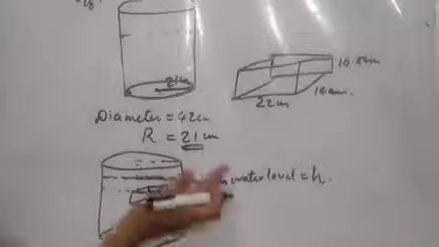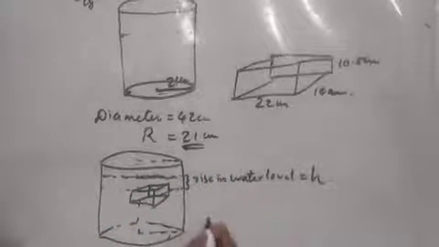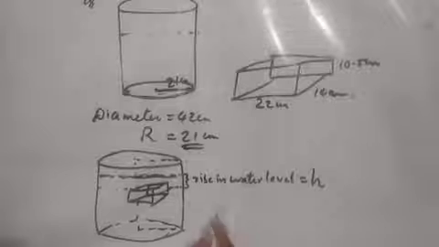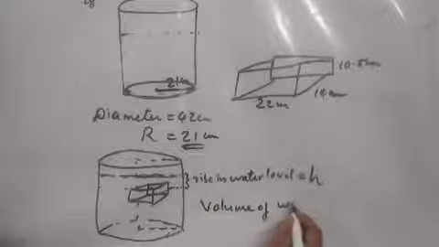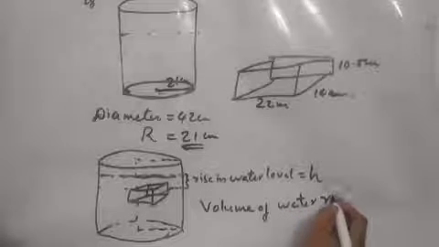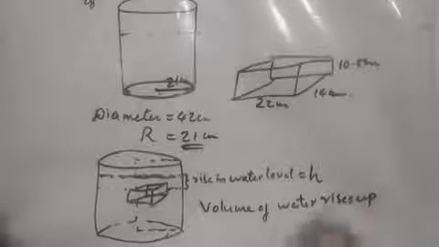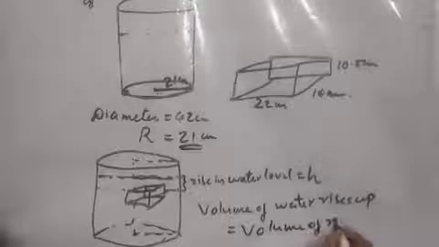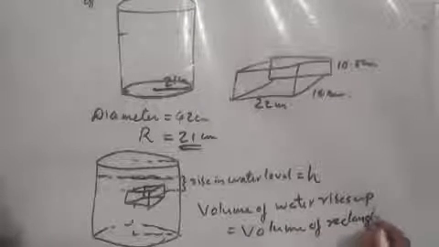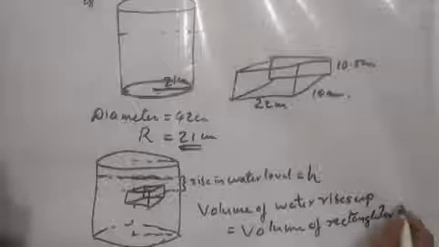Okay, height is h. Now, how can we obtain it? When we immerse it, automatically the water level rises up in the cylinder. So, we can find it by equating the volume of water that rises up in the cylinder to the volume of the solid we submerged.